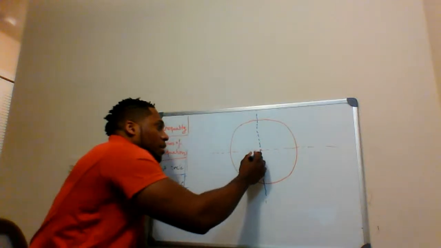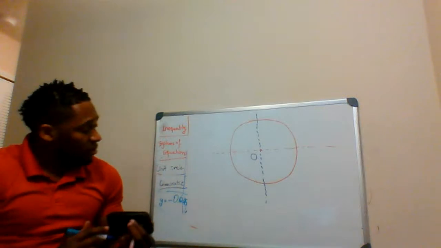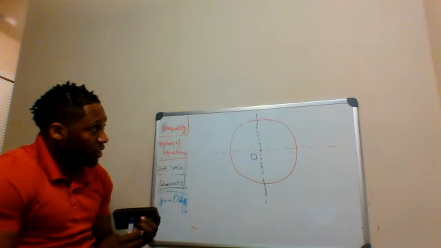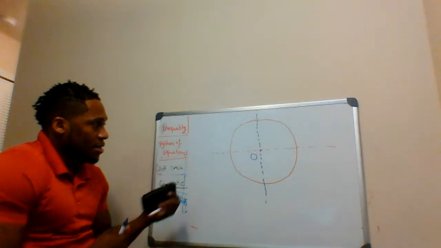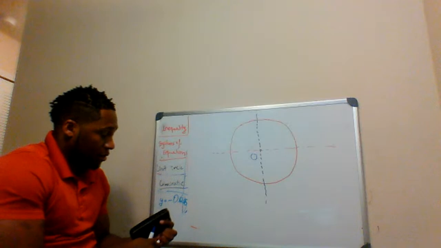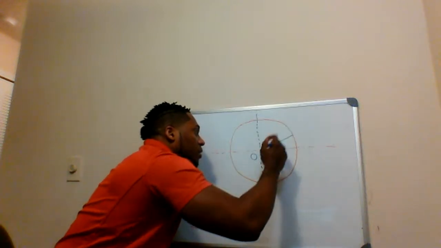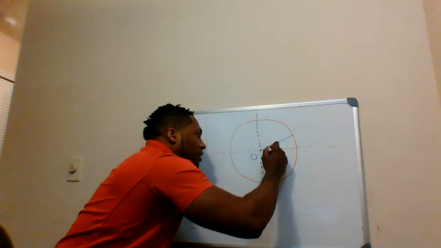Okay, so now that would be the origin, the point 0, 0, the origin of the circle. So now here's what they did. Let's say we draw an angle here, alpha, this way. Same thing that we were doing before, an angle alpha here.